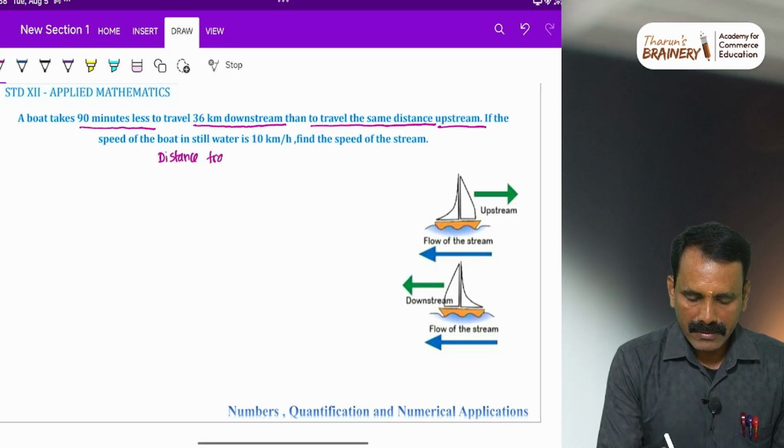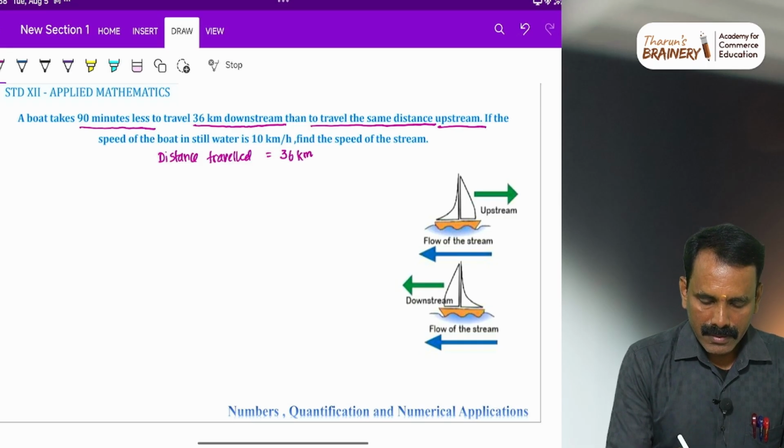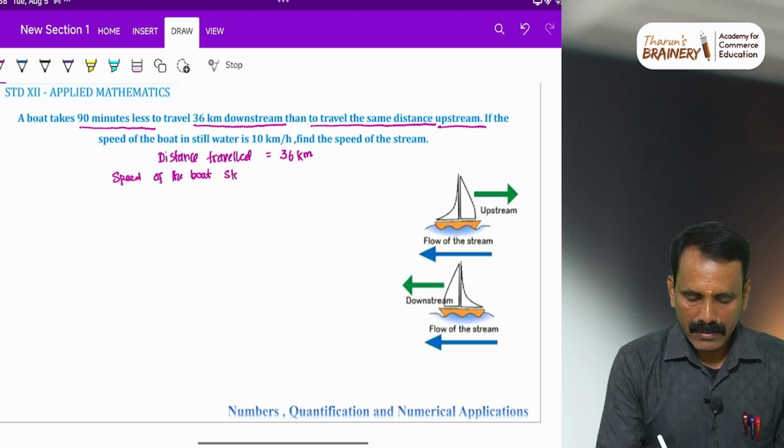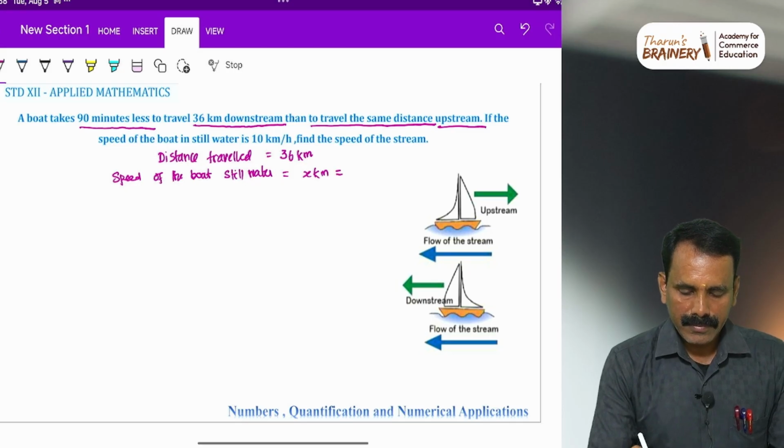Distance traveled is 36 km. Speed of the boat in still water is x kilometer per hour, and it is given to us 10 km per hour.